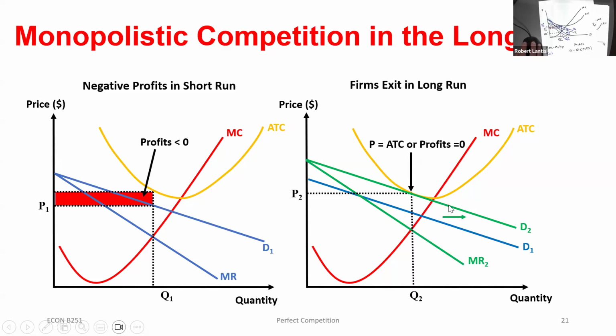As firms exit, each existing firm gets a larger portion of demand until we're at a quantity where marginal revenue is equal to marginal cost, where the price they're setting up on their demand curve is exactly equal to average total cost. Profits are zero. There's now no incentive for any more firms to exit. So once again, price is still going to be above the marginal cost for the firm. We still have a markup. However, we're not at that minimum point of our average total cost curve here, even in the long run when we're looking at monopolistically competitive markets.